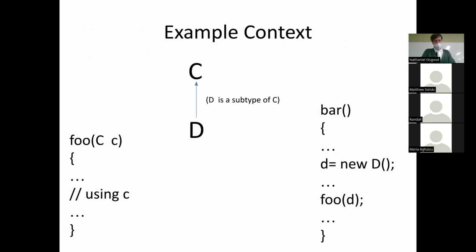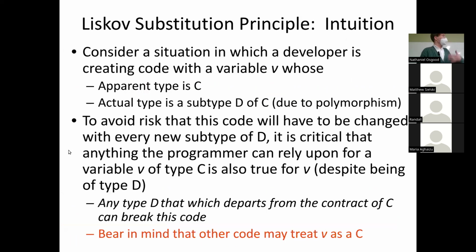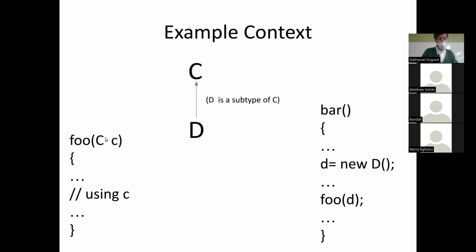And it has to do with the fact that someone reading about the properties of C, if they're writing code against C, meaning using things of type C, all they know is that they are things that adhere to the contract for C. We don't want a D passed into this code to break it, for them not to be able to count on those properties. They need to be able to count on those same properties of C for anything passed in as if it were a C, like a D.